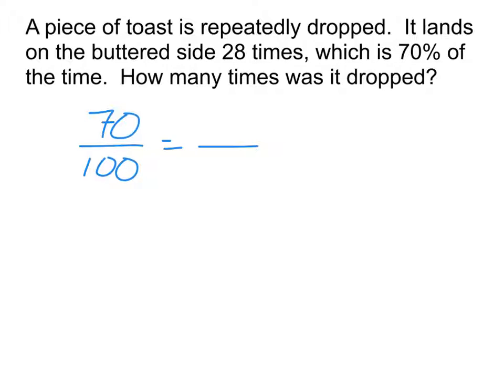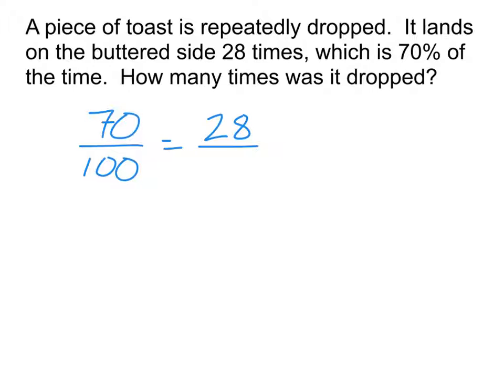Like the 28 is the same as the 100%. Well, the buttered side that happened was 28 times, and it says which is 70%. So it's equating the 28 and the 70. So I can set up a proportion where the 28 goes at the same height as the 70.